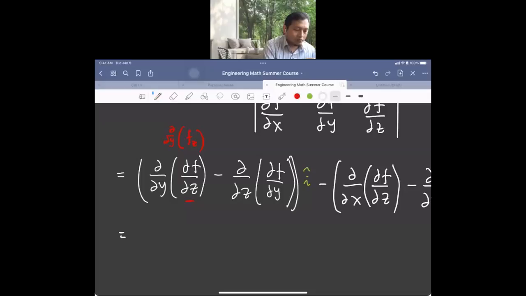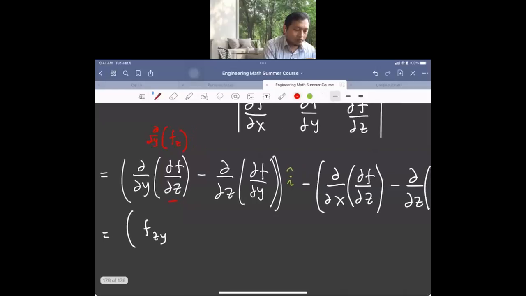So we can write this as f zy. And the second part is f y, partial y and then partial z, so this is f yz. This means we did y first, and then the second differentiation is z.